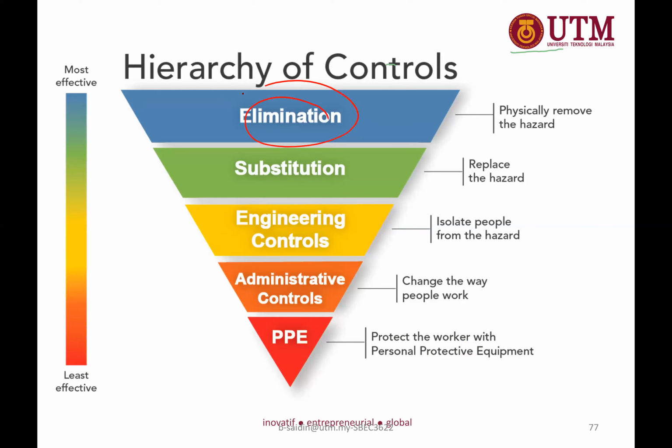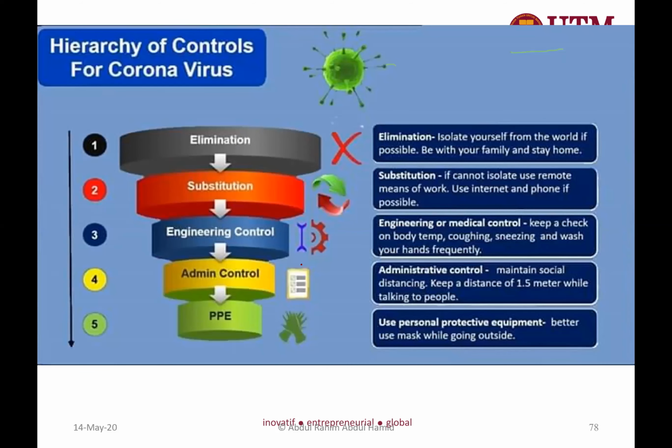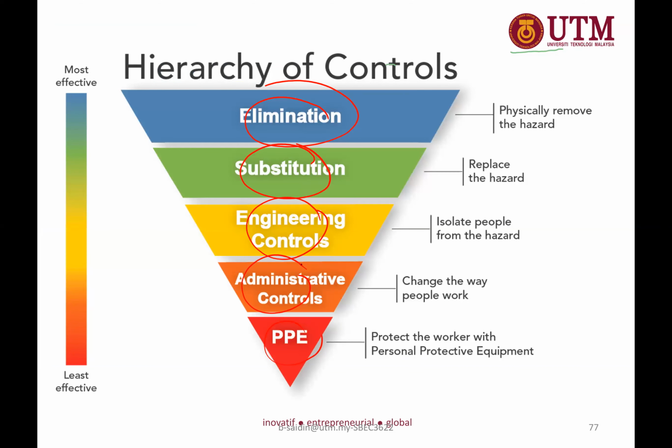Then the second one is substitution, then engineering control, and the last one is PPE. But the issue with this hierarchy of control, the first one, normally has something to do with design.